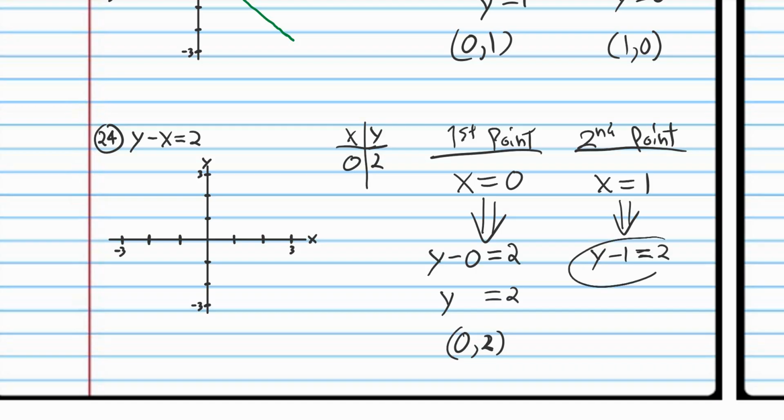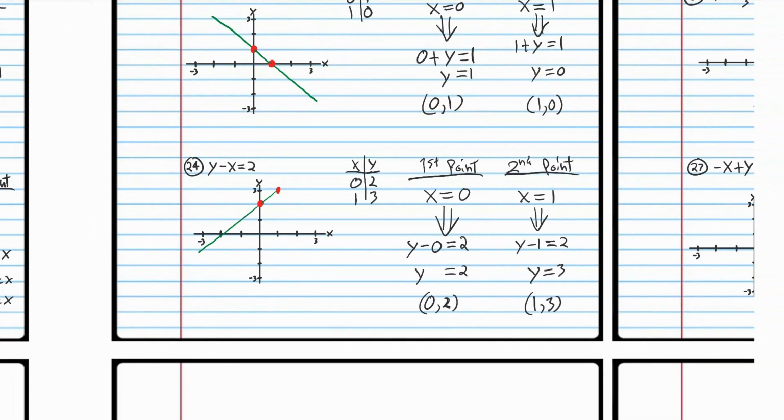But technically you would add 1 to both sides, and you'd get y is equal to 3. So the point is 1, 3. 0, 2, and 1, 3. Connect those dots. So if you got that graph, good job.